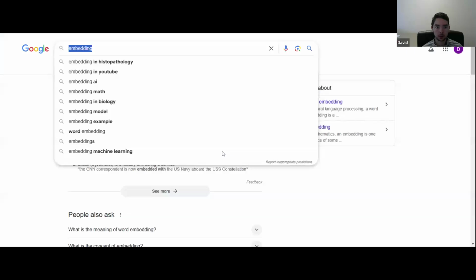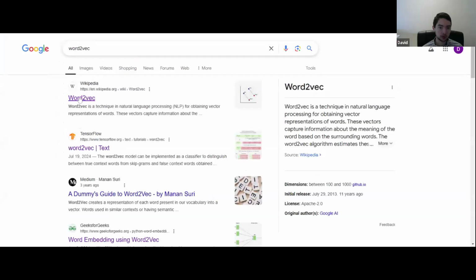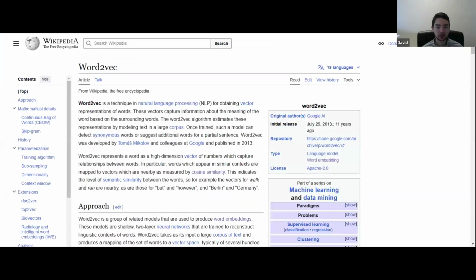Yeah, there's two algorithms. The first one is the word2vec algorithm, which I should have made slides on, but I didn't. Anyway, I'll just show you on Wikipedia, I guess.